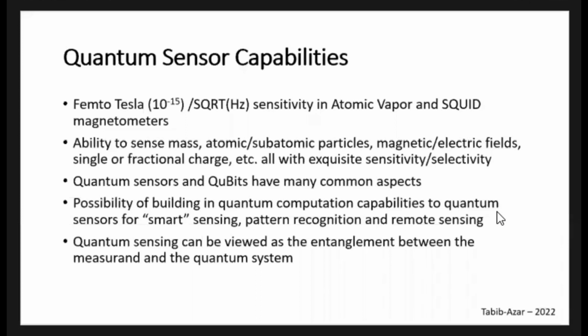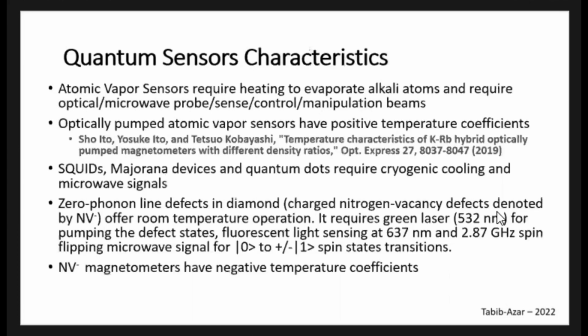So the question is whether we can come up with a hybrid system that takes advantage of the extreme sensitivity of quantum phenomena and the robustness and ease of use of microelectromechanical systems, things that are easy to use but have very high sensitivity. So one of the systems that is gaining lots of popularity is these defect sensors in diamond.